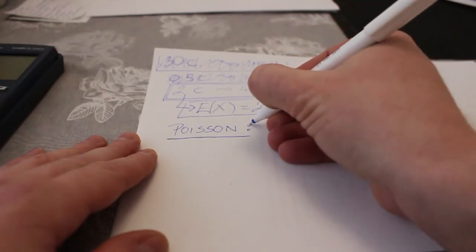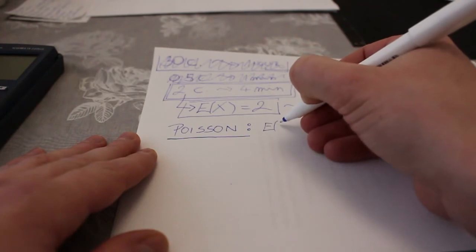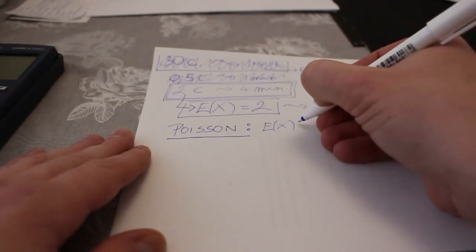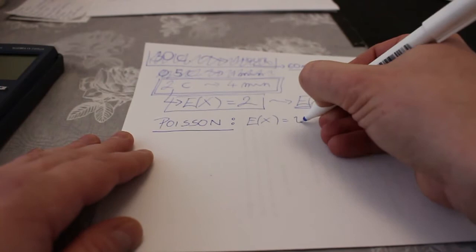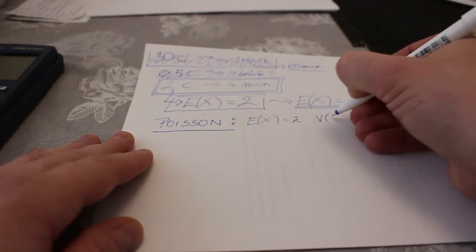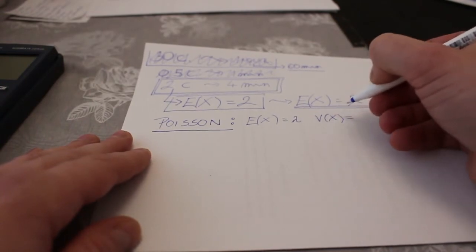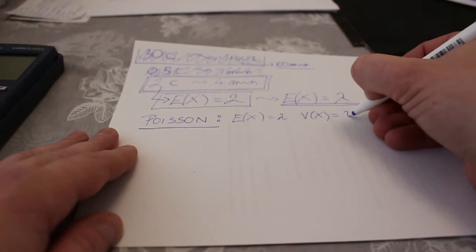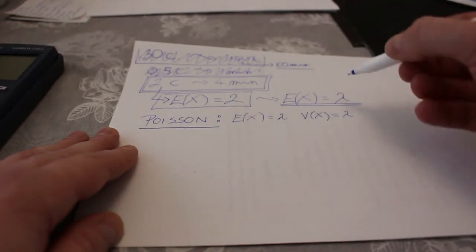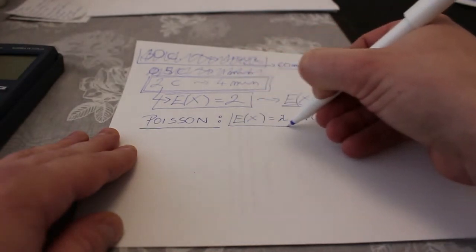In your formulas, you can see that this Poisson distribution has expected value equal to parameter lambda, and the variance of a random variable with Poisson distribution is also equal to this parameter lambda.